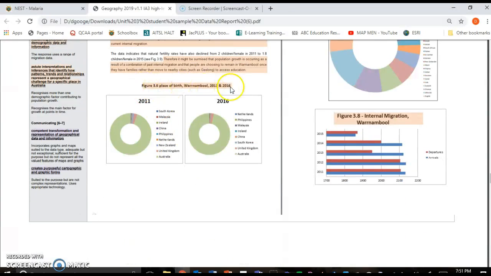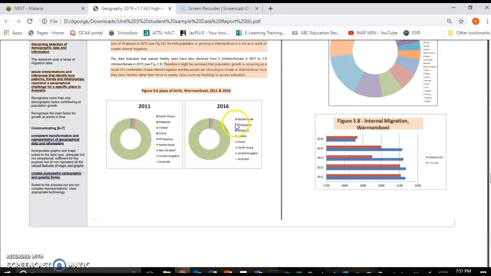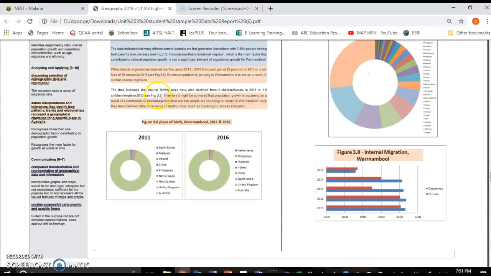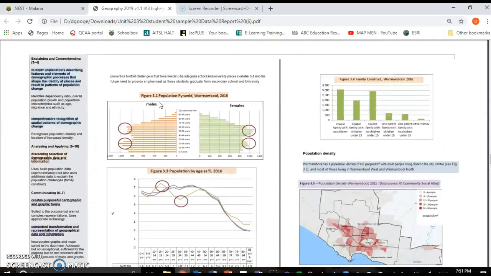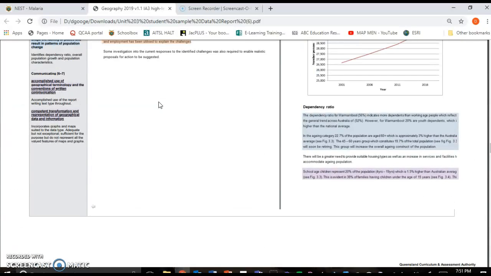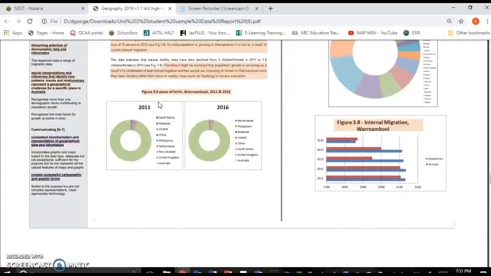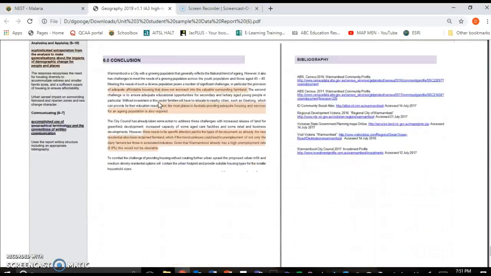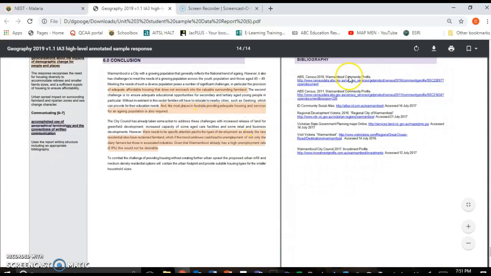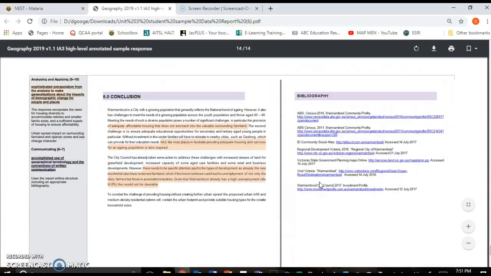Okay, you'll notice figures, borders, titles, figures referred to in here. There's not a lot of in-text referencing. That's okay because you're providing the data. You will need to provide a bibliography at the end. Okay? Such as this. Remember, we're using APA.